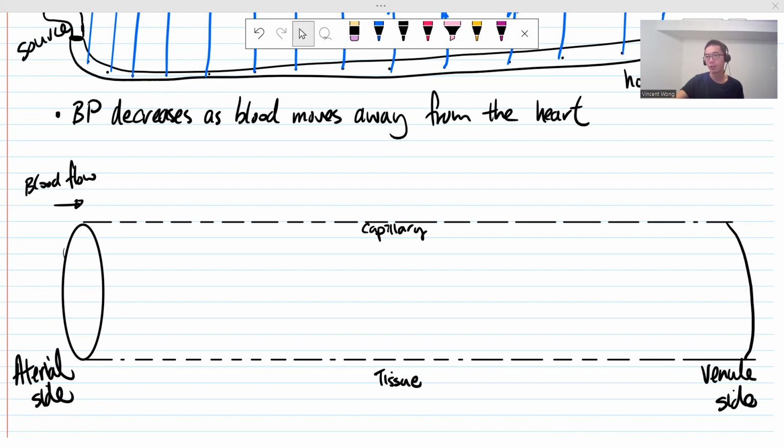A for arterial side, B for venous side. Which side has higher pressure?